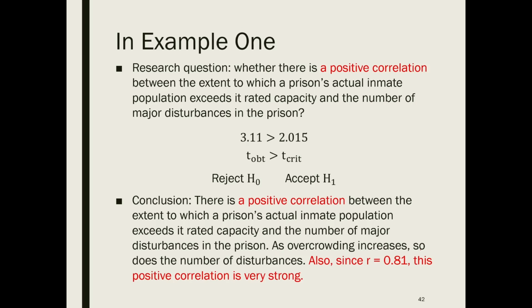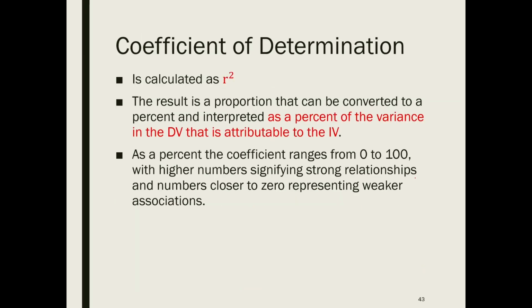As overcrowding increases, so does the number of disturbances. Since R equals 0.81, this positive correlation is very strong. Or you can say the independent and dependent variables have a very strong positive correlation because R is 0.81.